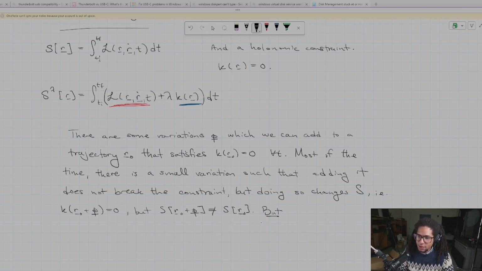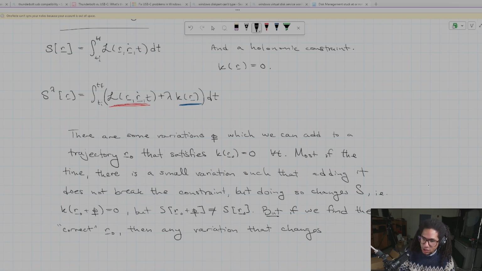But if we find the correct R naught, then any variation phi that changes S also breaks the constraint.